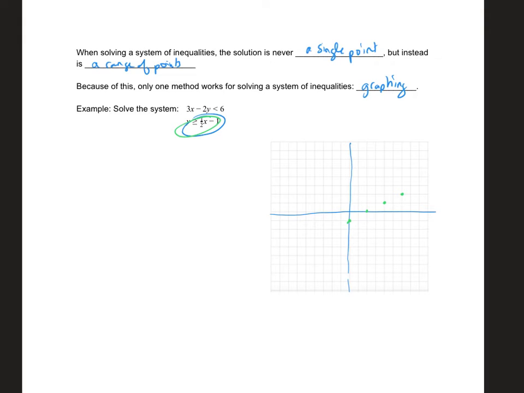It is a solid line. And when I test the point (0, 0) in it, I get 0 is greater than or equal to 0 minus 1. So is 0 greater than or equal to -1? And the answer to that is yes. So where my test point was, which was at (0, 0), I would shade that way.